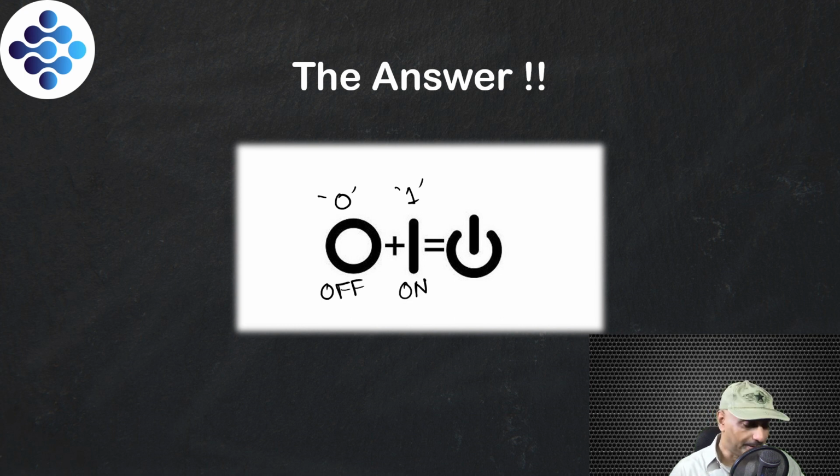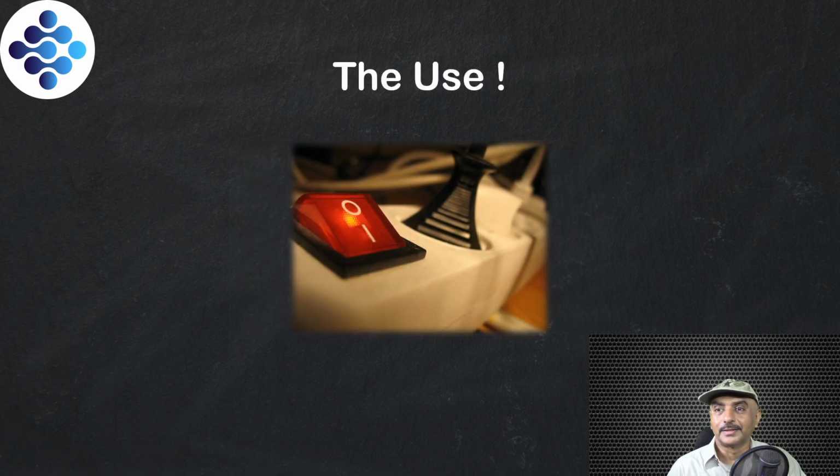Alright, but here is the practical implementation of it. This switch is in on position or off position. Now I know you are smart enough to say that okay, here it is, that light is on. But watch for this. This is 1, so it is on.